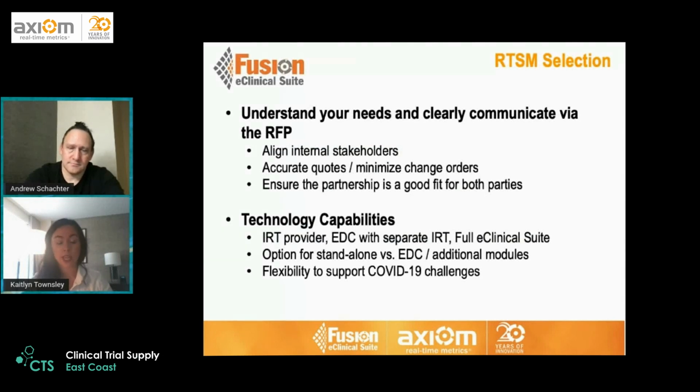So on the sponsor side, really understanding your needs as best as you can and clearly communicating that via the RFP really helps ensure that you're aligning your internal stakeholders on your side. Make sure that you have accurate quotes for what functionality you actually require to minimize change orders later on in the project. And it really ensures that the overall partnership is a good fit for both parties.